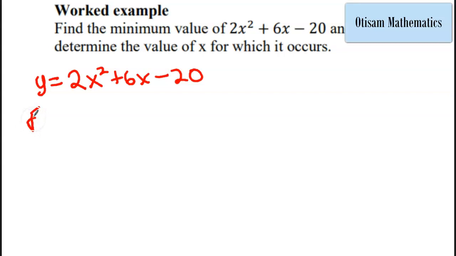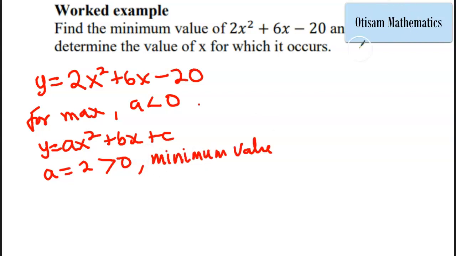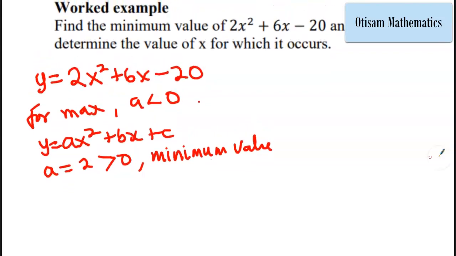Now for maximum, a must be less than 0. Now if you compare it with ax squared plus bx plus c, you realize that a is equal to 2, which is greater than 0. Now if a is greater than 0, then it means that the graph will have a minimum value. So this is the minimum value.